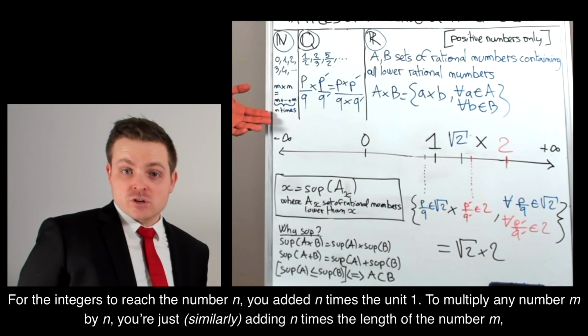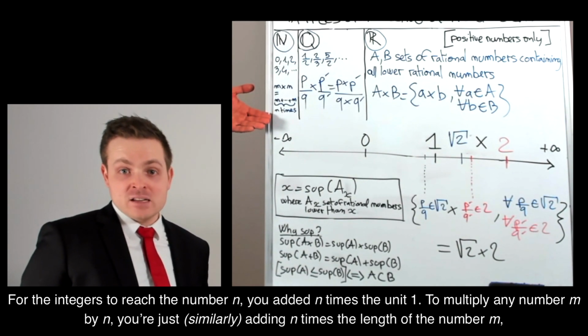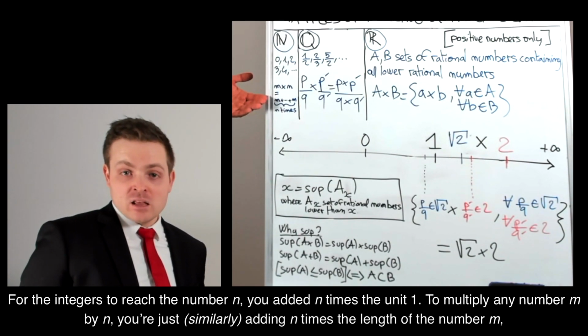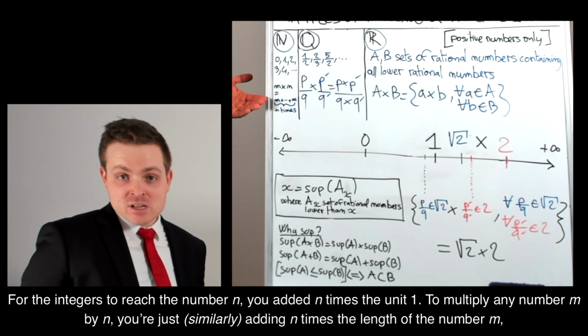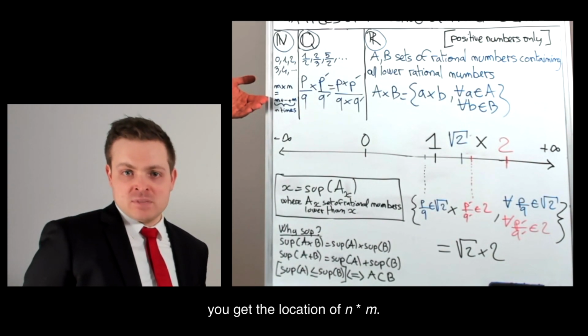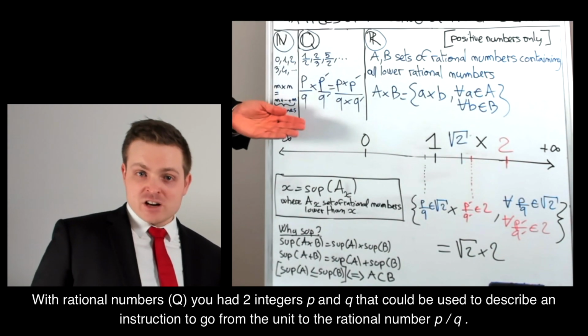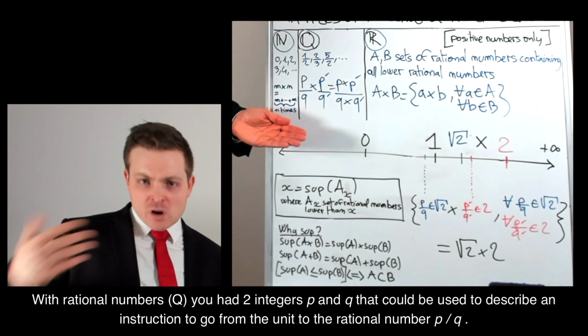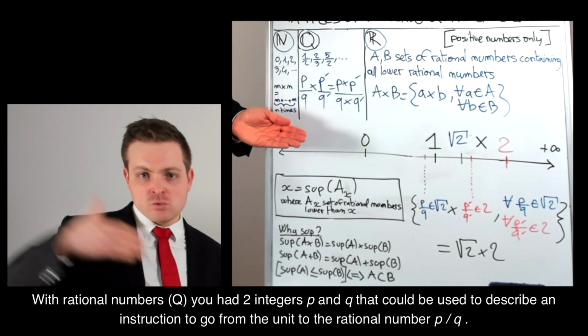For the integers, to reach the number n, you added n times the unit. To multiply any number m by n, you're just adding n times the length of the number m, and you get the location of m times n. With rational numbers, you had two integers p and q that could be used to describe an instruction to go from the unit to the rational number.